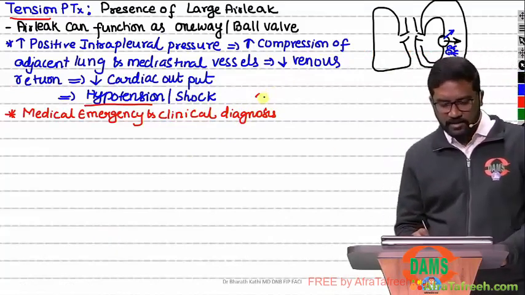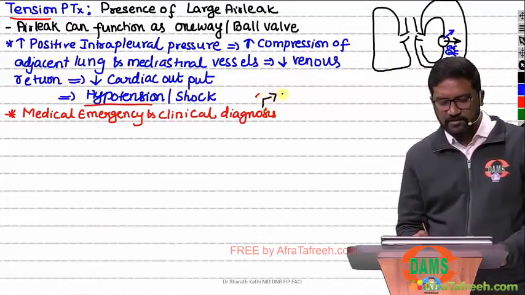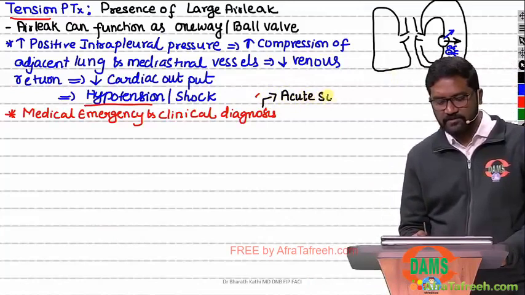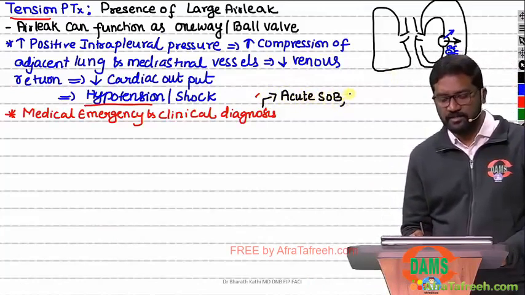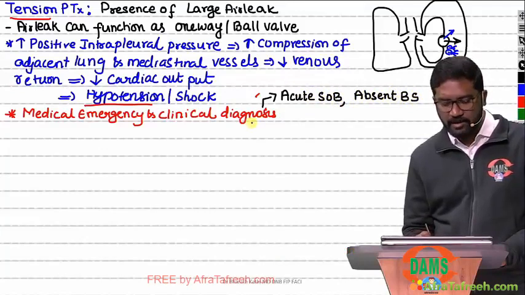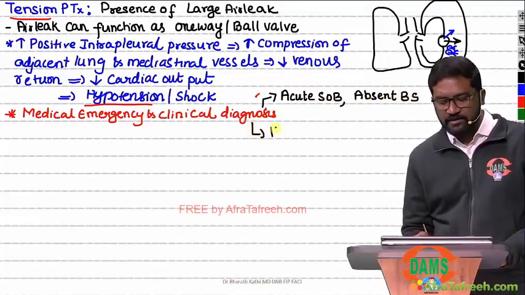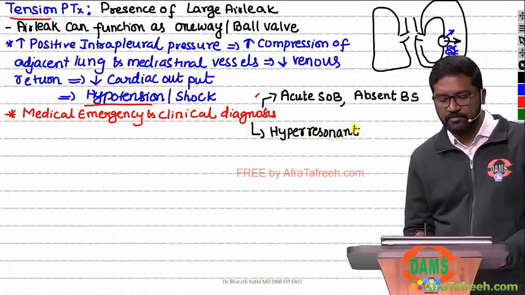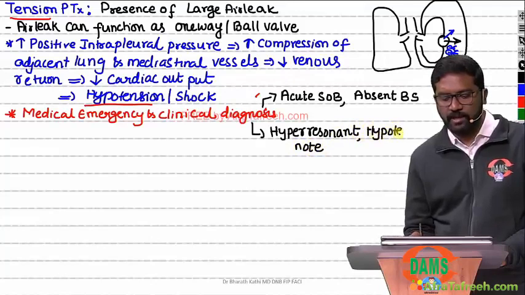So what are the clinical points suggestive of tension pneumothorax? Patient will have acute presentation, acute shortness of breath. If you put your stethoscope, there will be absent breath sounds, and if you percuss, there will be hyper-resonant note, and patient will be in hypotension.